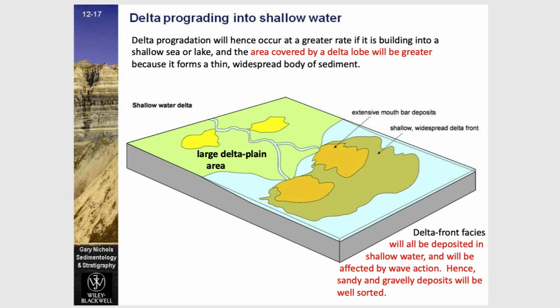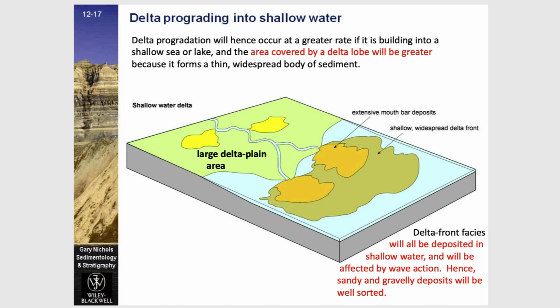In this example, we see a delta that is prograding into shallow water. Often the morphology or the depth of seawater in a coastal region is quite influential in controlling the distribution of sediment. We can see here a meandering river that forms a couple of bar deposits which are fairly extensive.